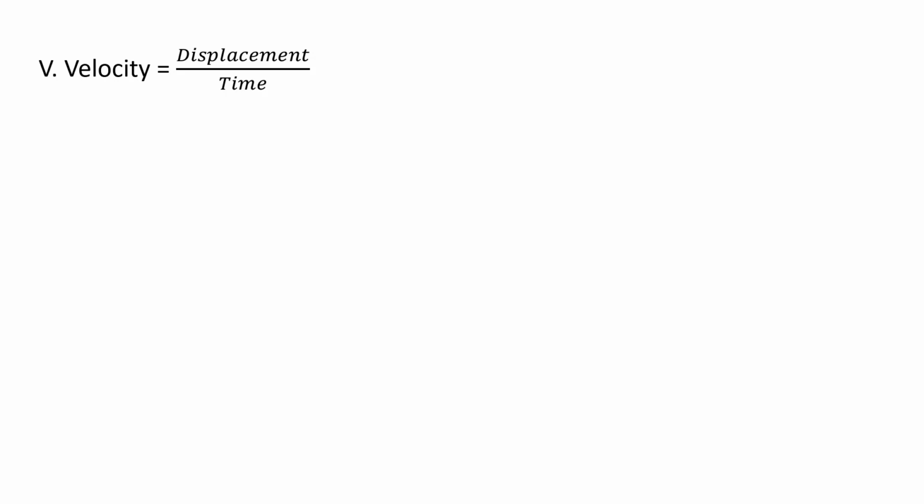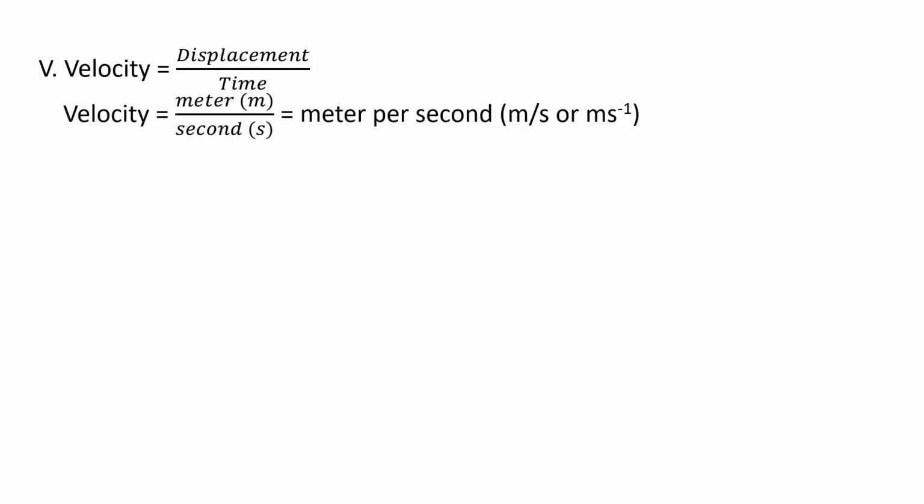If displacement can be equal to length, then we know that the unit of length is meter. The SI unit of velocity will be meter divided by seconds, meter having a symbol m and second having a symbol s. So the SI unit for velocity will be meter per second, the same as the speed. But the difference between the speed and the velocity is that velocity has a direction.